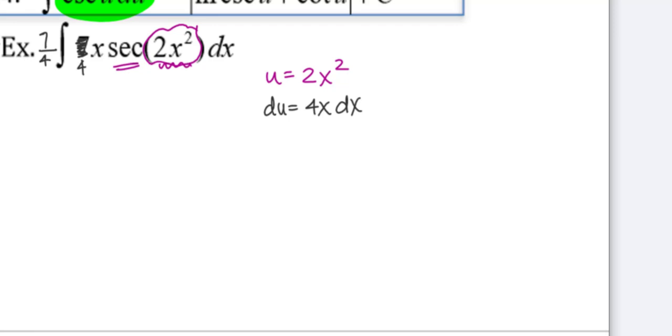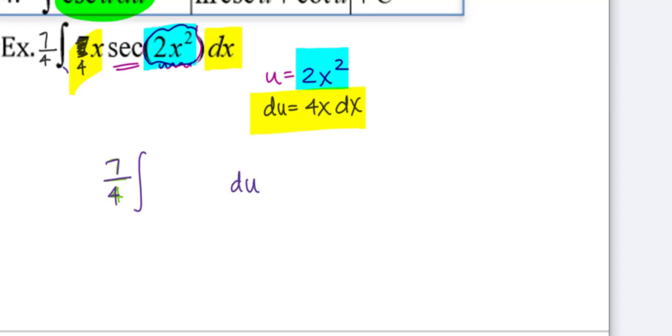Okay, so now what I see is 4x dx, right, becomes that du, and then it'll be secant of u. So let's see what we've got here. So I have 7/4 on the outside, and then I have that 4x dx will become that du, and I just have secant of u.